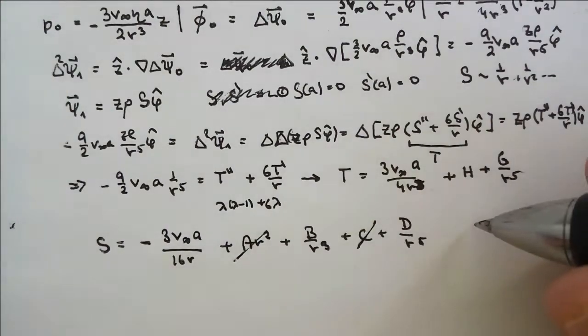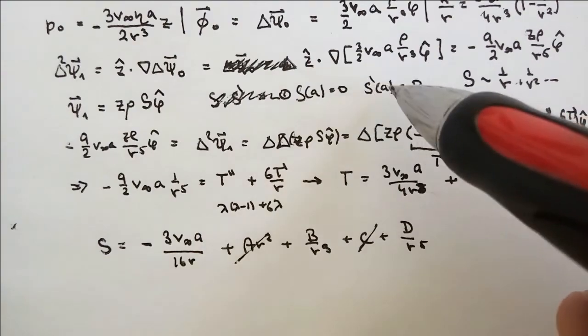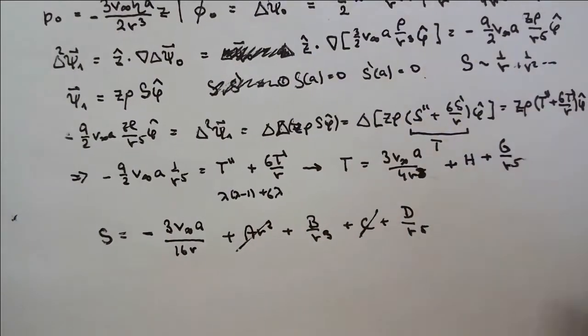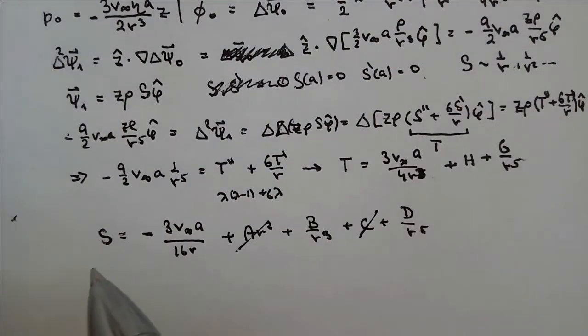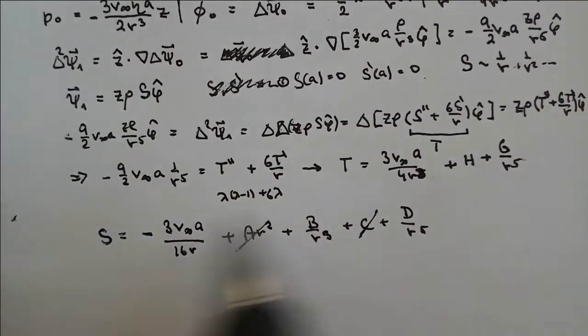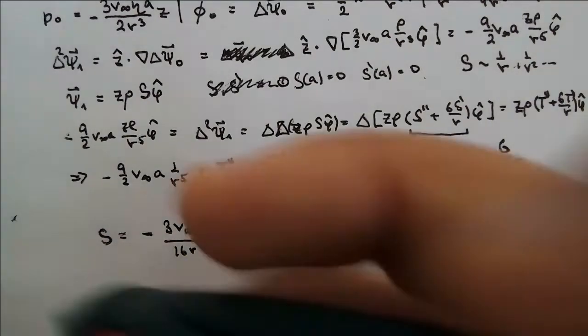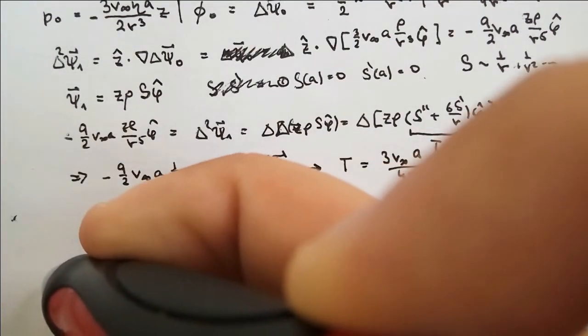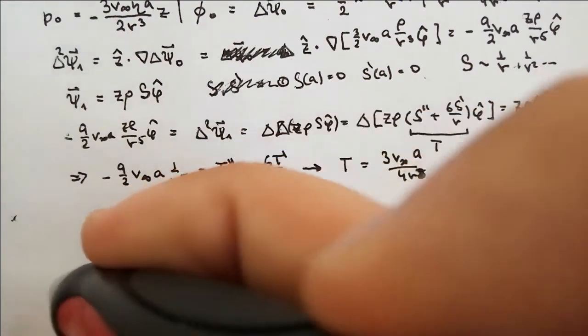the conditions are s at a is 0, s prime at a is 0, so we have to solve these conditions, which will lead us to solving the system of equations. If we differentiate it and substitute a, and substitute also in not yet differentiated s, you will get this.